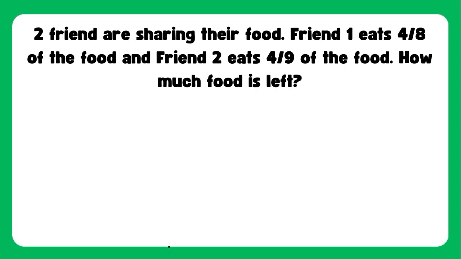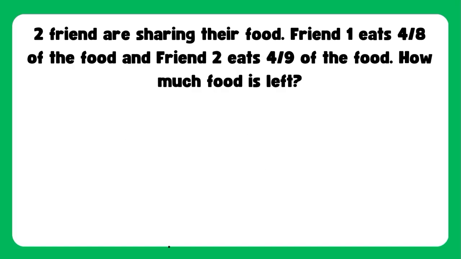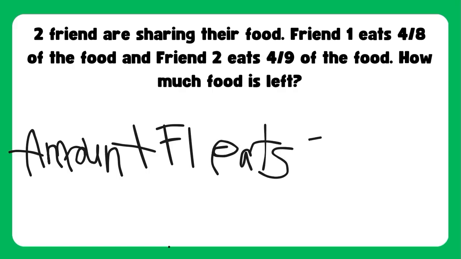Now lastly, two friends are sharing their food. Friend 1 eats 4/8 of the food and friend 2 eats 4/9 of the food. How much food is left? So total food means how much they have. It's just going to be equal to 1 because there's one whole part of the food. Amount friend 1 eats, I don't have space, I'm just going to put F1 eats is equal to 4/8, 4/8.